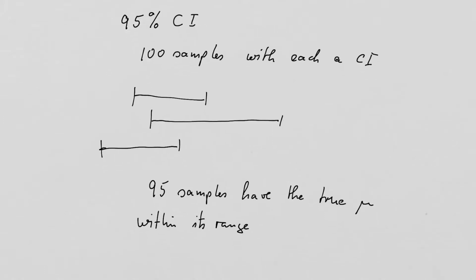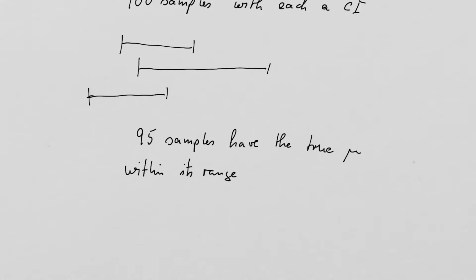Within the confidence interval. Of course, if we just take one sample, we don't know whether this is one of the 95 samples that has the true mean in it, or whether it's one of the 5 samples that don't capture the true population mean. So there's a certain element of uncertainty, but with 95% confidence, we can be pretty sure that we capture the range in which we believe the population mean is located.